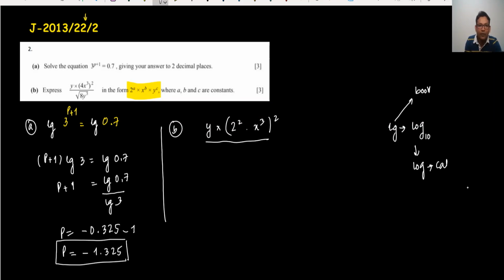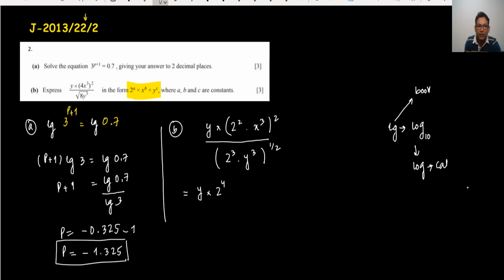It will make all the basic factors. 8 will become 2 power 3, and y cube is already there. When I remove this radical sign, under root sign, the power will be 1 upon 2. Okay, y times 2 power 2 square is 2 power 4.